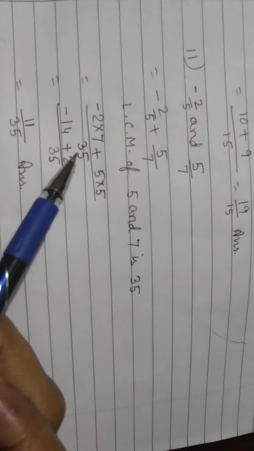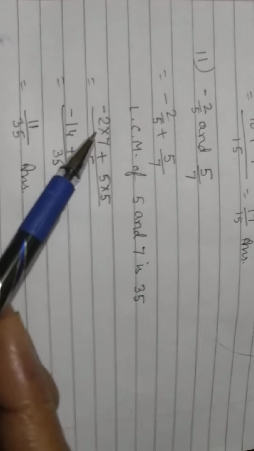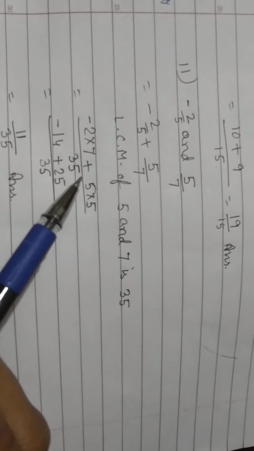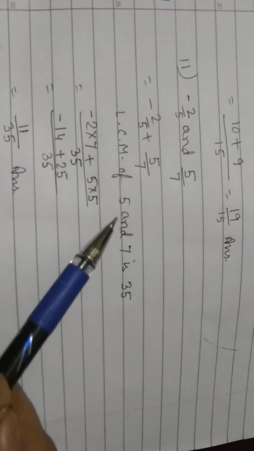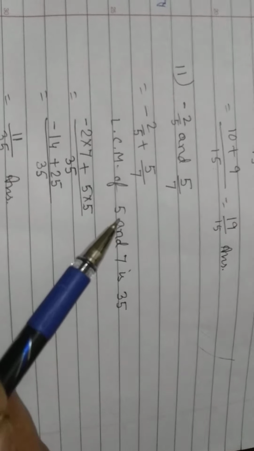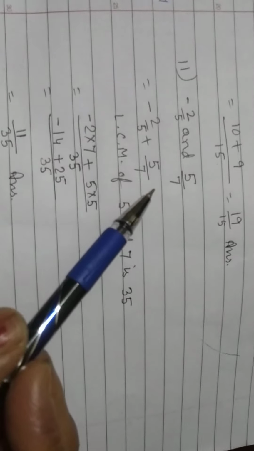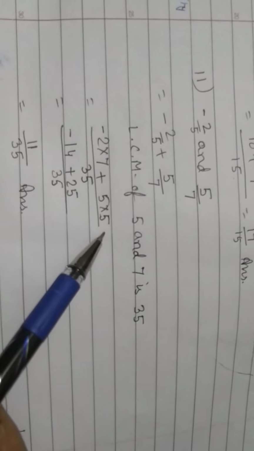If we divide 35 by 5, we get 7, and we multiply it by minus 2. Next, we divide the LCM by the denominator of the second number. If we divide 35 by 7, we get 5, and we multiply by the numerator of the second number. The numerator was also 5, so the number becomes 5 into 5.